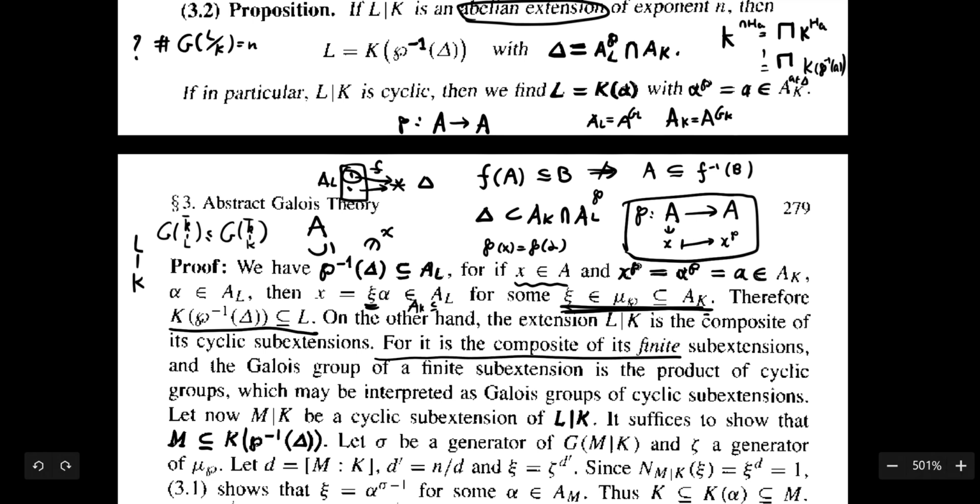But this is not very clear to me. It is a composite of finite subextensions, and the Galois group of a finite subextension is a product of cyclic groups, which may be interpreted as Galois groups of cyclic subextensions.